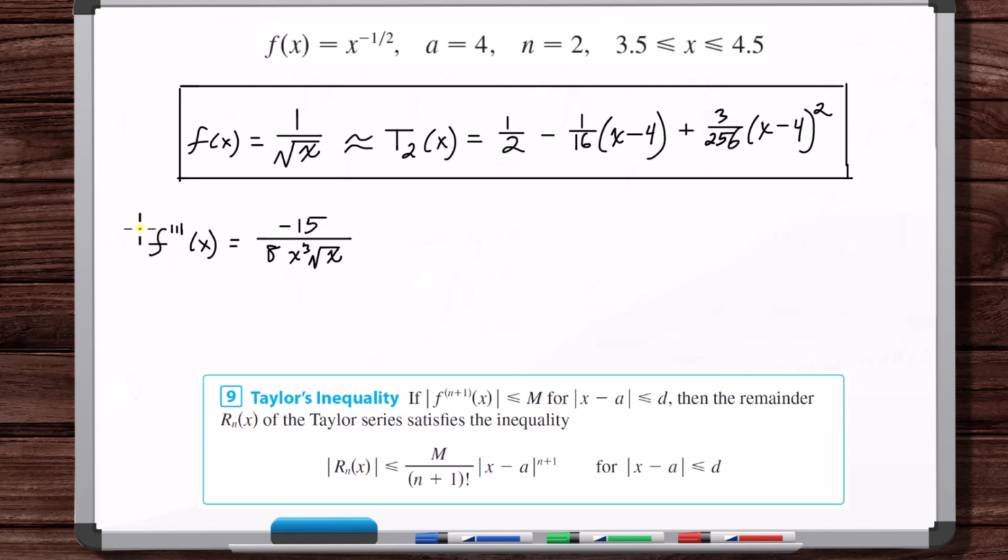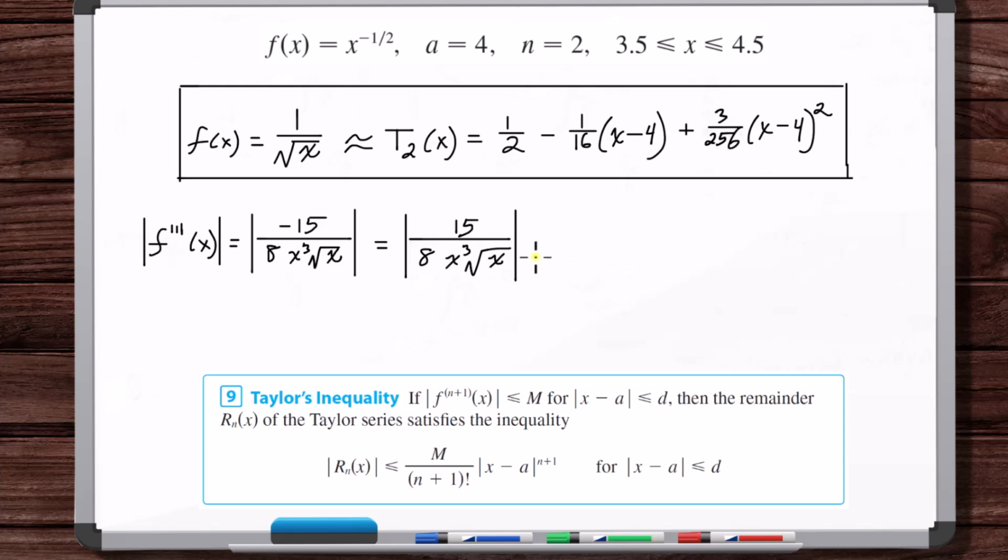If we take the absolute value of this, we get this, but we still want to leave the absolute value because we could input a negative x, right?